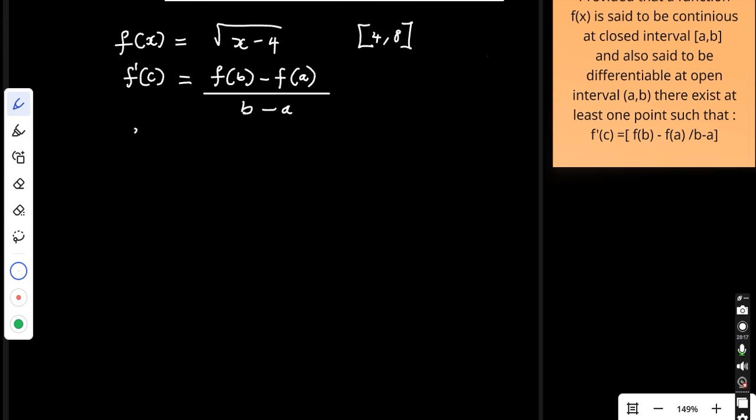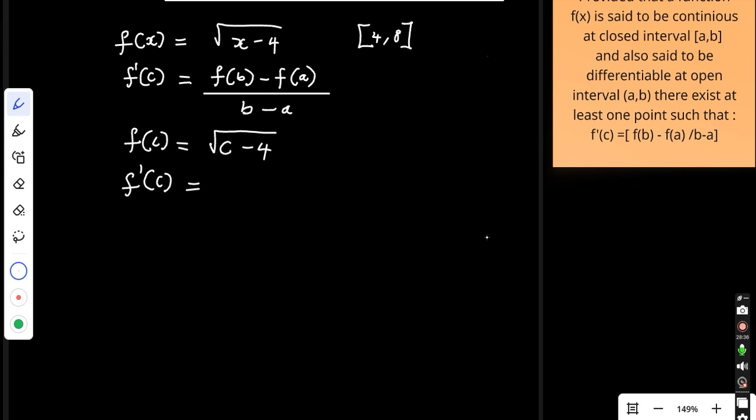And what is f of c? f of c is going to be the square root of c minus 4. We replaced x with c. Then to find f prime of c, we need to find the first derivative of this function.